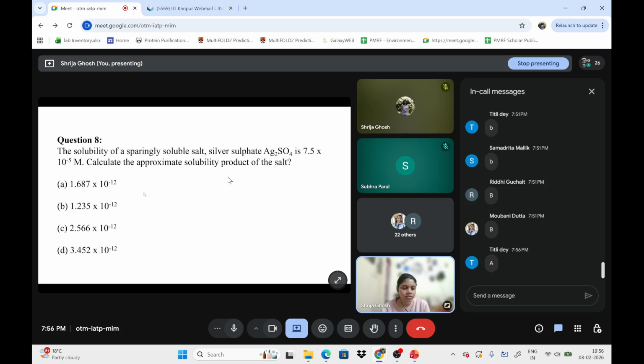Okay. Titli has answered option A. What about others? What about others? Only one person was able to solve. We just solved this question, right?